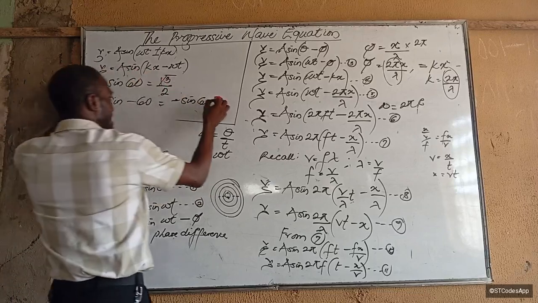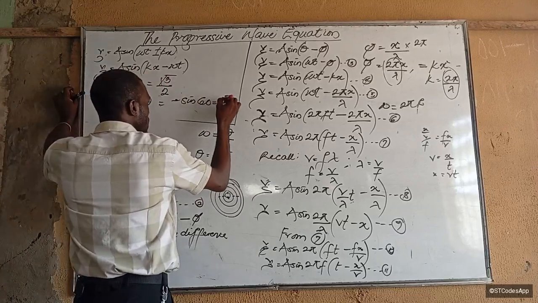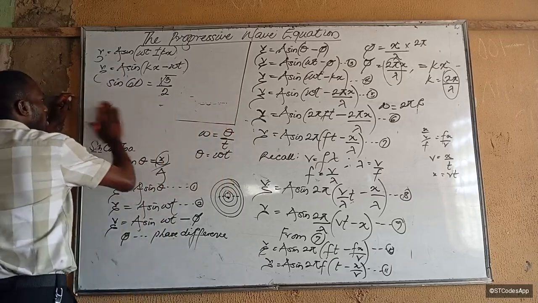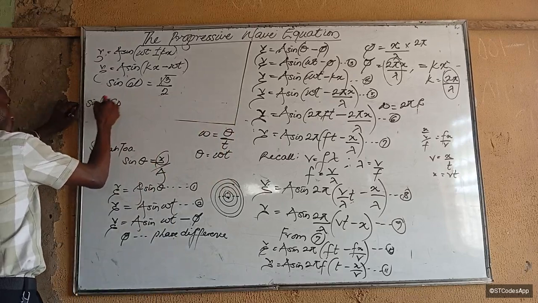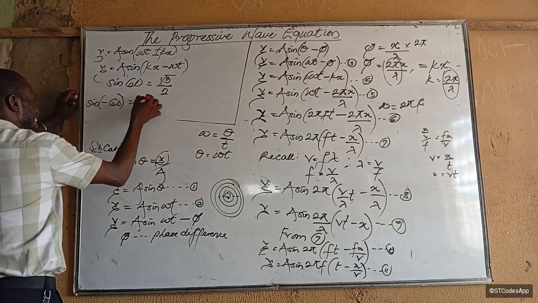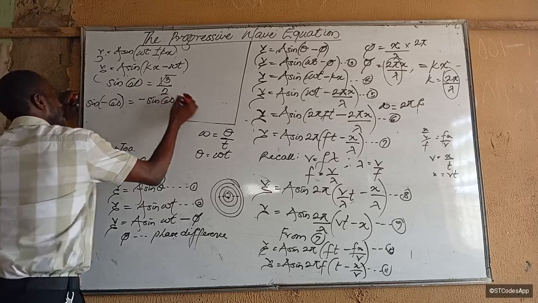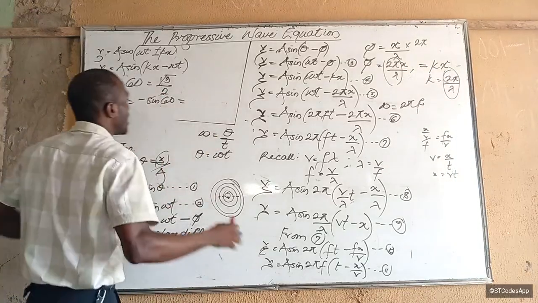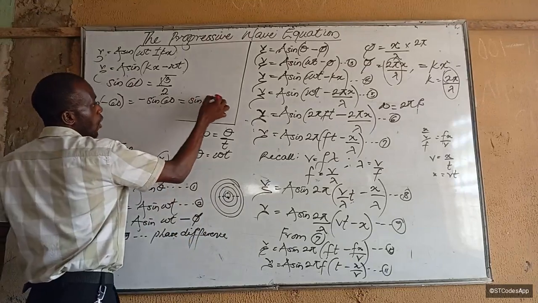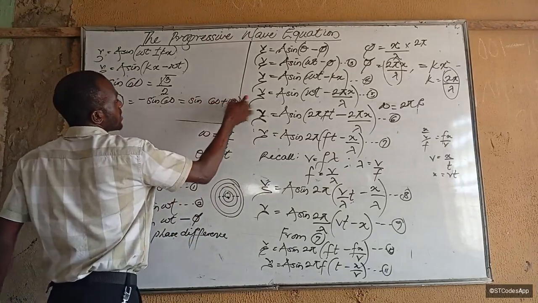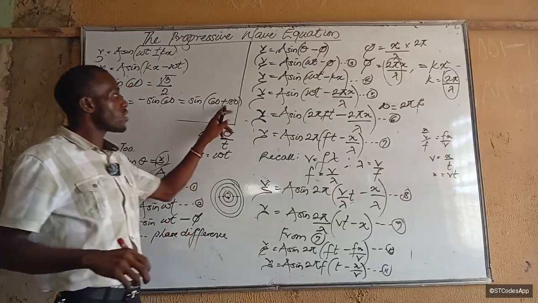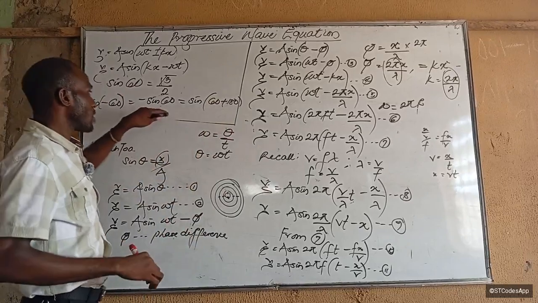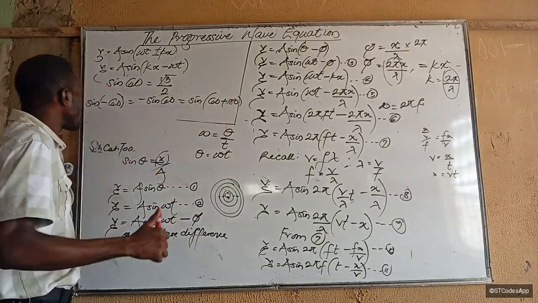Let me write this. The sine of negative 60 will be the same as the negative of the sine of 60, and it will be the same as the sine of 60 plus 180 degrees. Quickly verify that: this will be sine of 240. You will see that it is the same as all of this.